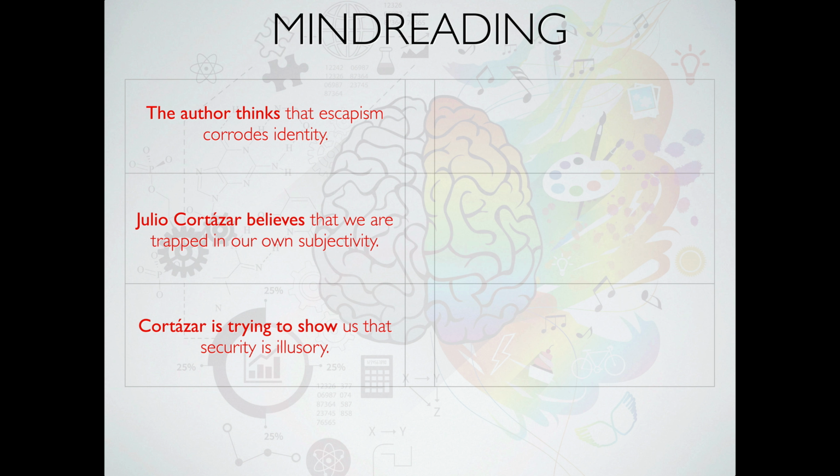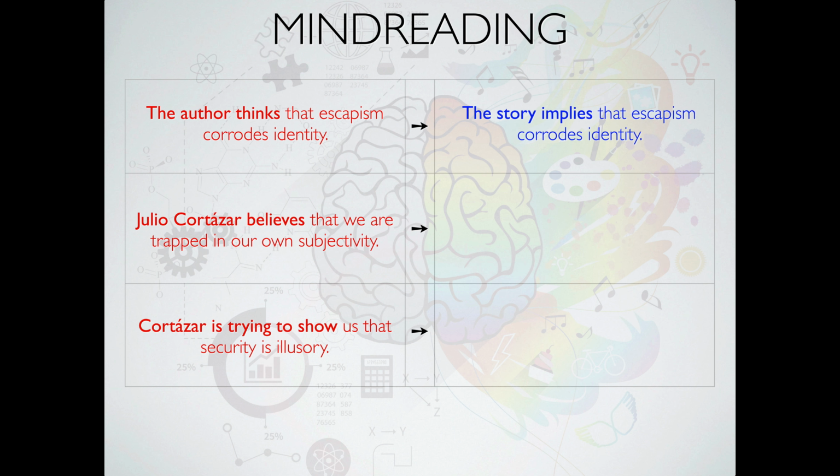Your interpretation, as long as you establish a cogent thesis, develop your arguments with specific examples, and arrive at an analytical conclusion that deepens the reader's understanding, is just as valid as what the author may or may not have intended. Instead of, "The author thinks that escapism corrodes identity," you could write, "The story implies that escapism corrodes identity."